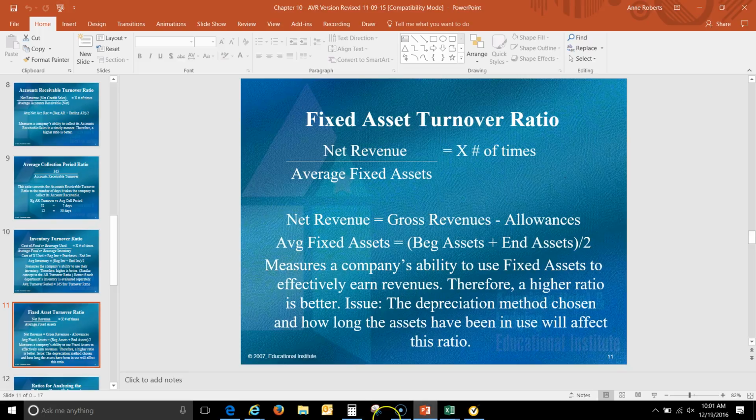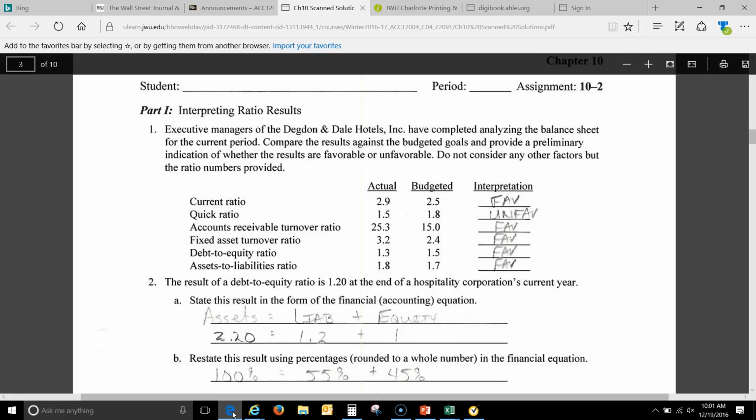So let me look back at it and see what our data is. We budgeted 2.4 and we came in at 3.2, so that means we budgeted $2.4 in revenues for every dollar in fixed assets, and we came in at $3.2 in revenues for every dollar invested in assets, so it is indeed favorable.